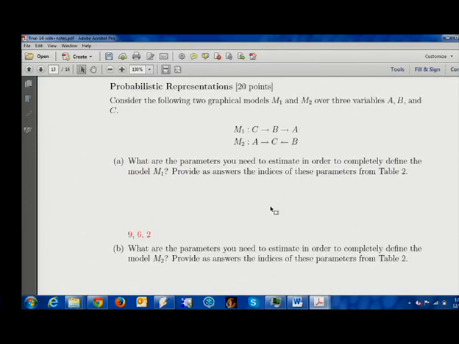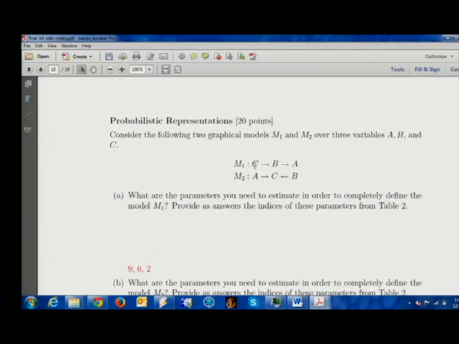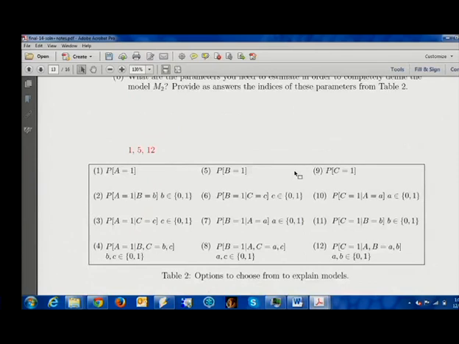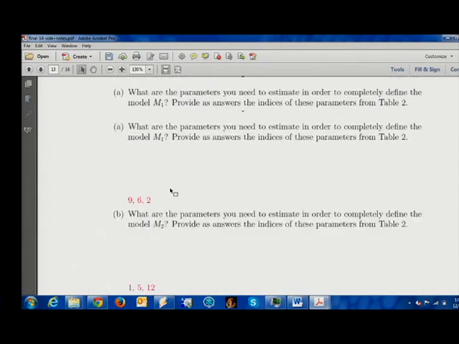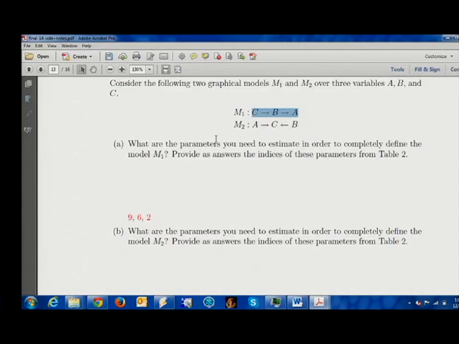So we gave you a lot of parameters, but let's just look at this and say, what do I need? How do I write the joint here? So P of C times P of B given C times P of A given B, right? And if you look here, we gave you this somewhere. So it's 9, P of B given C, 6, and P of A given B, 2, I think.